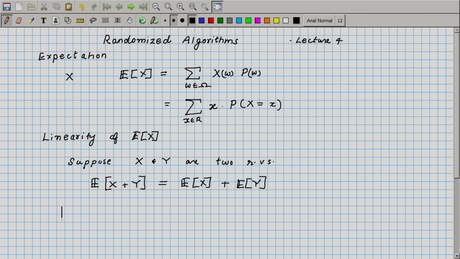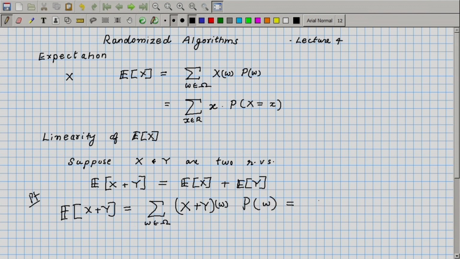By definition, expectation of X plus Y is equal to the sum over all omega belonging to Omega. X plus Y is a random variable, so the value that it takes at the point omega is the value of the random variable at the point omega, times probability of omega.